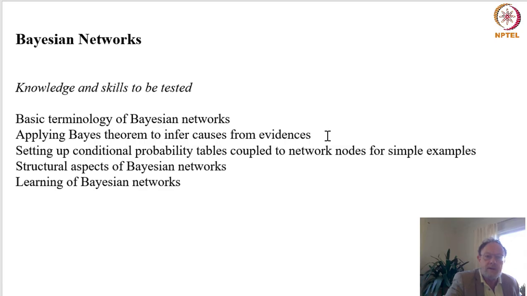We also had as assignments simple calculations based on the use of Bayes theorem. Also, we looked at very small examples where we built a very small Bayesian network for a particular example. And at the key of those exercises is the build-up of the conditional probability tables coupled to the network nodes. So this is the focus here.